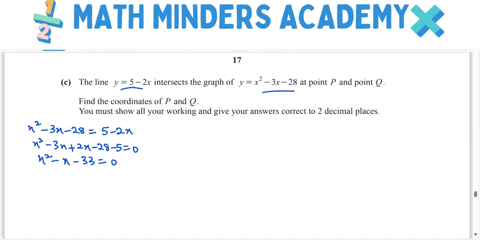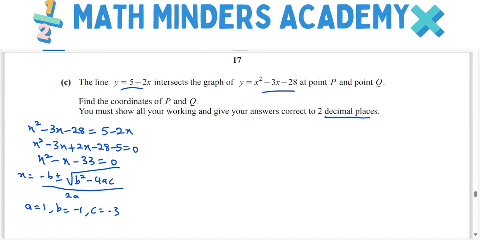Now, since we are going to round to 2 decimal places, it means that the roots of this quadratic will be decimals. So we are going to use the formula x equals minus b plus or minus square root of b squared minus 4ac all over 2a. Here a is the coefficient of x squared, which is 1. b is the coefficient of x, which is minus 1. And c is the constant, which is minus 33.